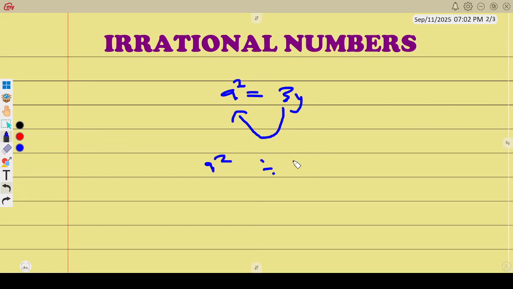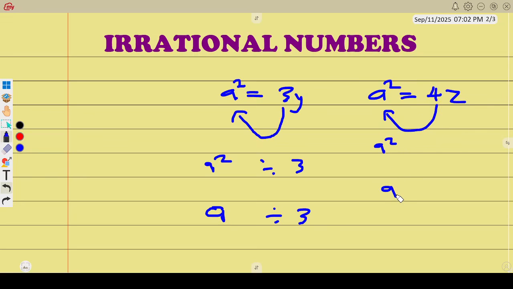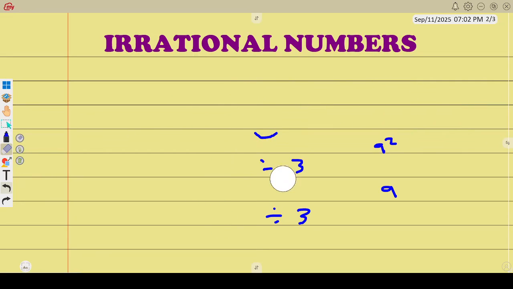It means 3 can go into a squared without leaving a remainder. And then since 3 can go into a squared, it means even just a alone is divisible by 3. Yeah, so this is true if we have a is equal to 4z. It means that 4 can go into a squared, and 4 can also go into a alone. Yeah, so that is just our introductory part.